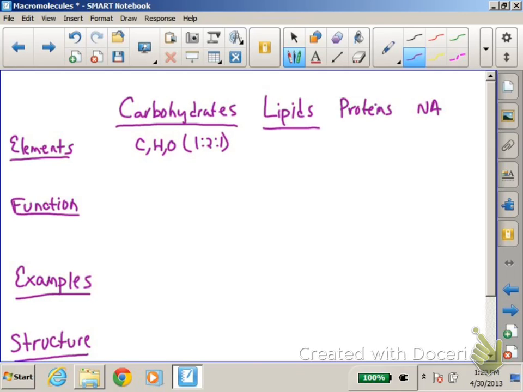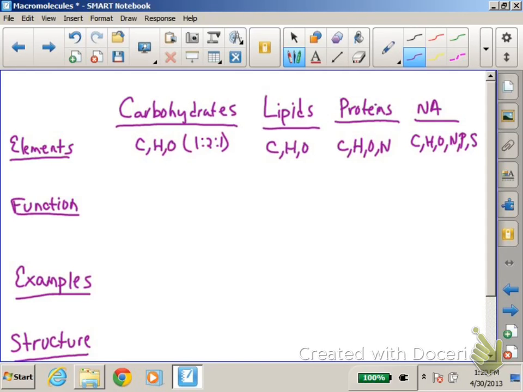Lipids also contain carbon, hydrogen, and oxygen, but in much larger quantities. Okay, proteins contain carbon, hydrogen, oxygen, and nitrogen. Okay, and then nucleic acids contain carbon, hydrogen, oxygen, nitrogen, phosphorus, and sulfur.